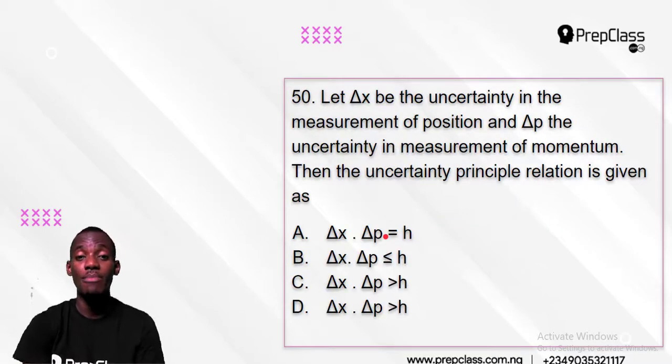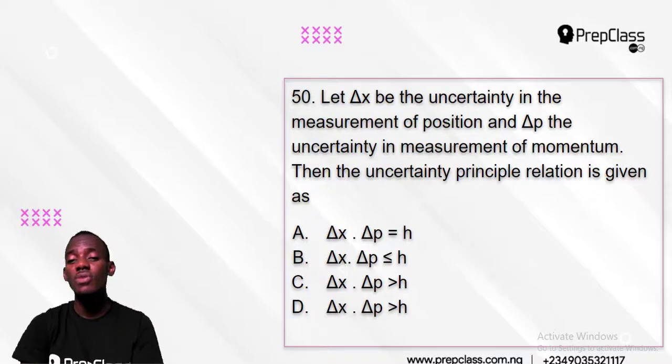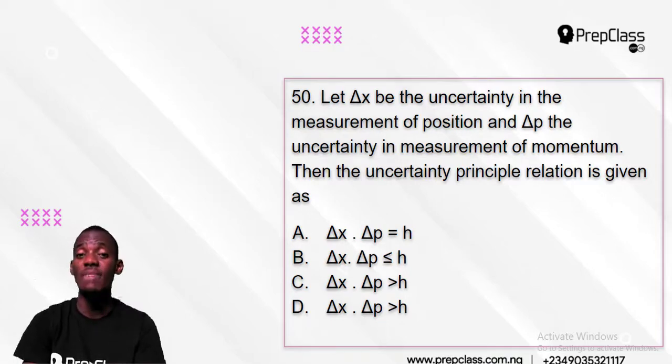Now we come to the symbol Δx, the change in x. Let Δx be the uncertainty in the measure of position, and Δp the uncertainty in the measure of momentum, right? Then the uncertainty principle relation is given as what? Now, you've heard about this guy called Heisenberg in science before, right?